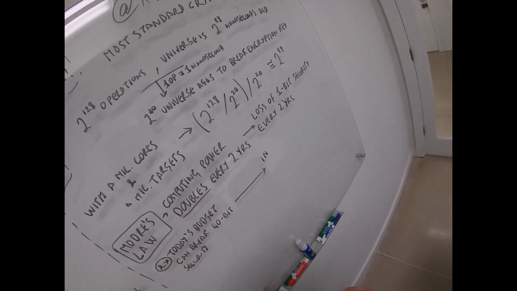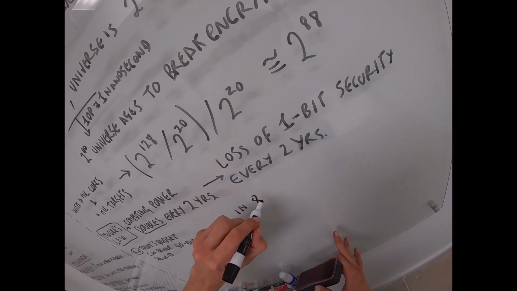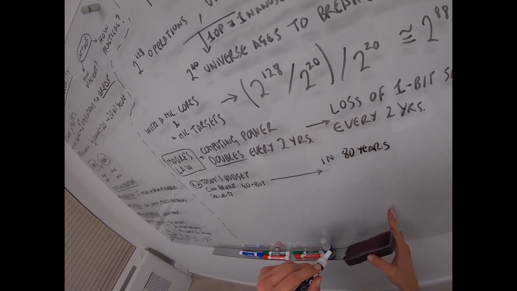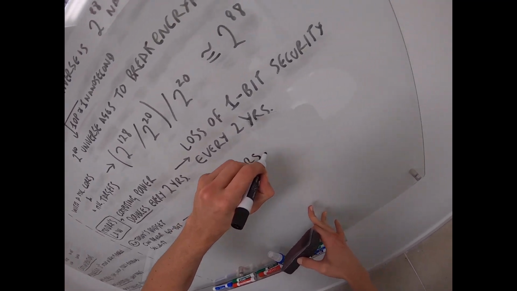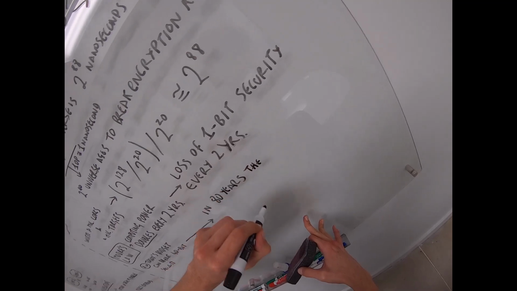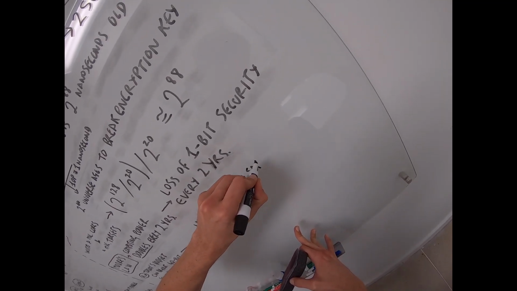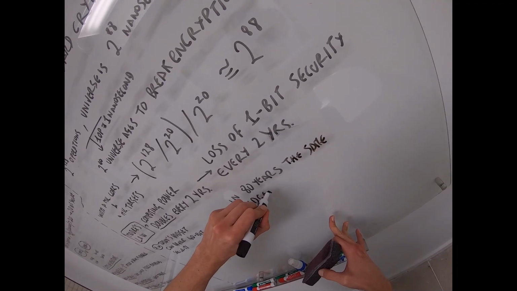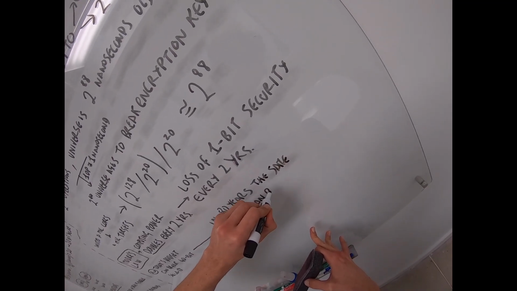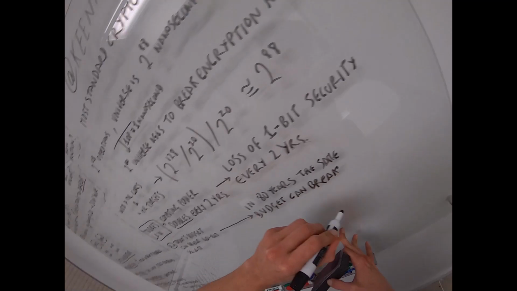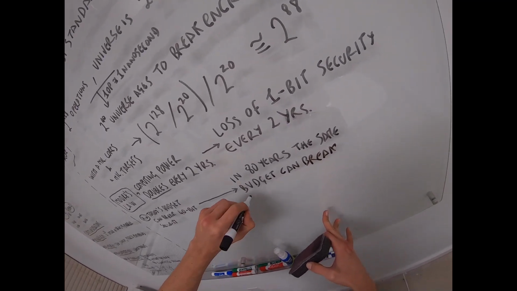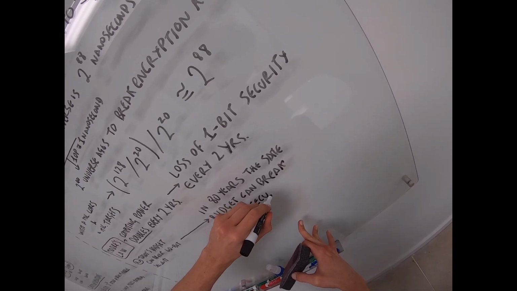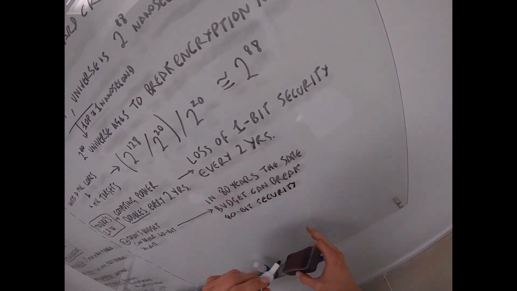In 80 years, the same budget can break 80-bit, according to Moore's law.